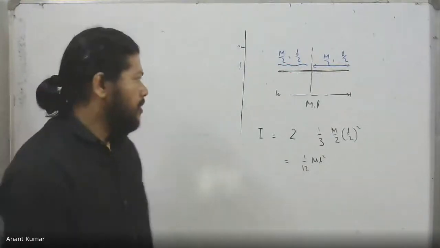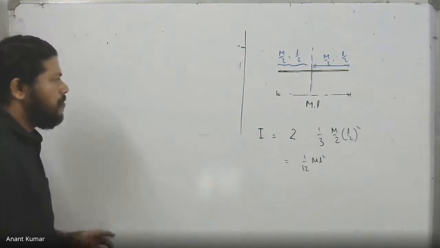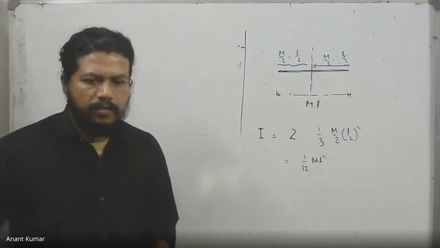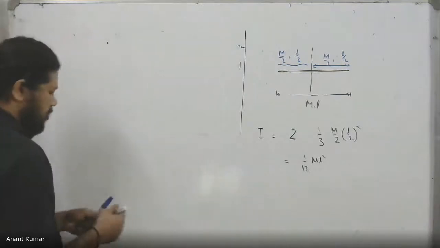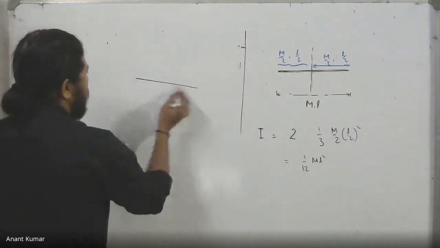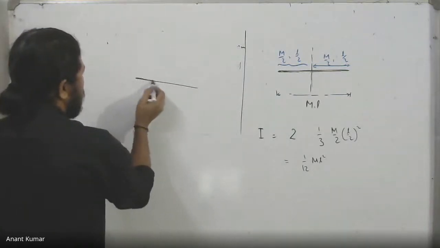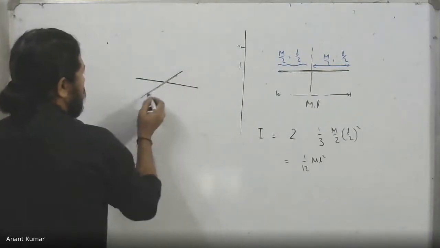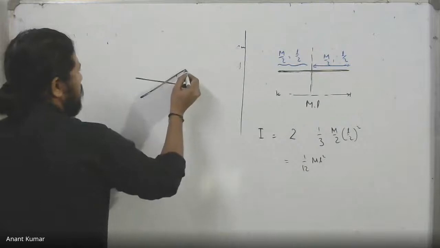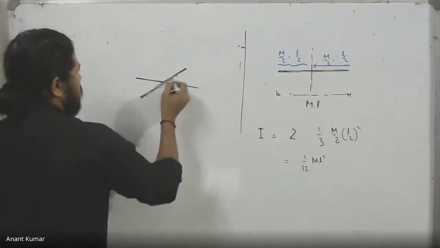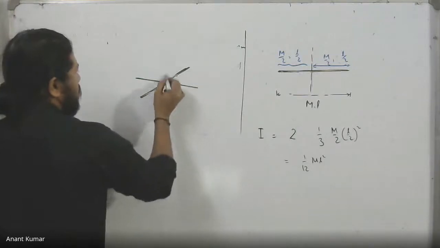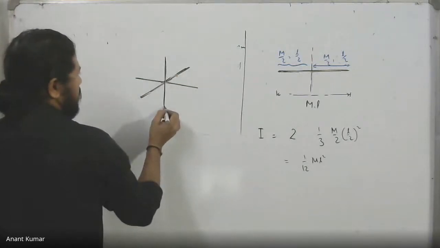Okay. If I consider, for example, a collection of rods, say we have three rods, and they are welded at their middle, to get a structure like this.